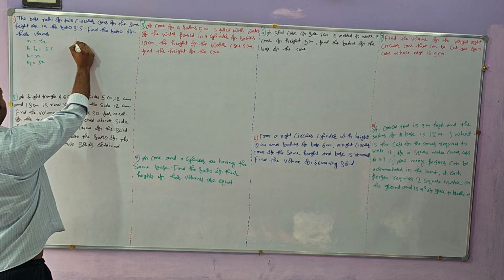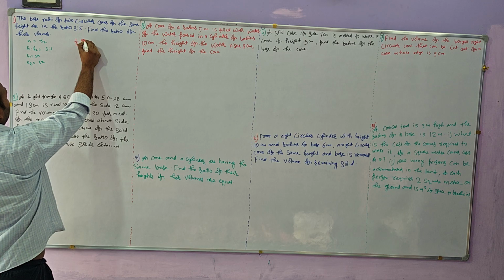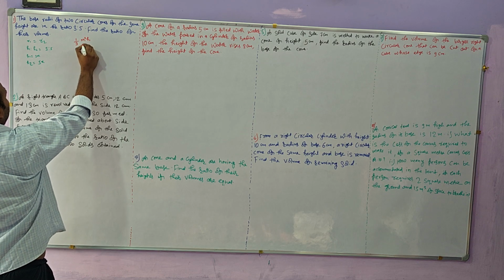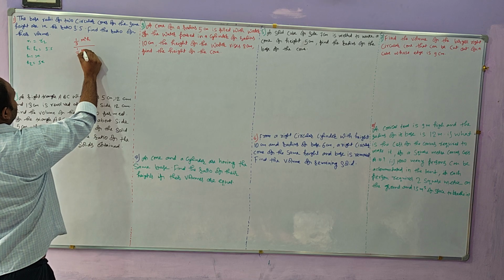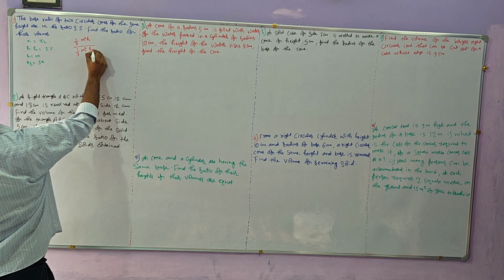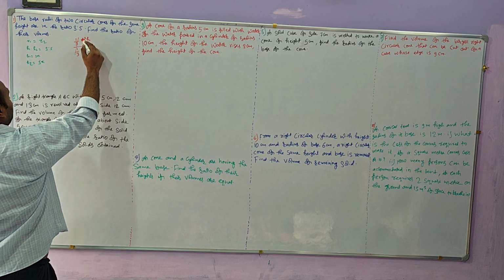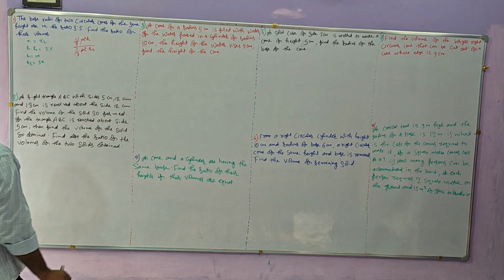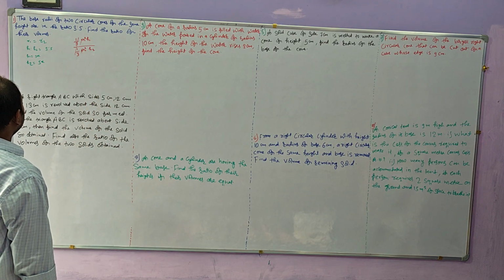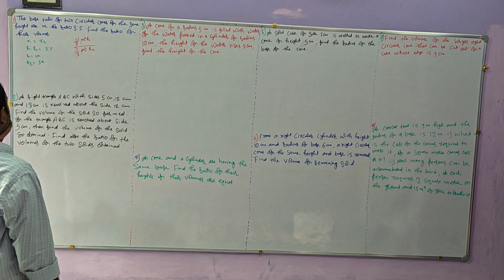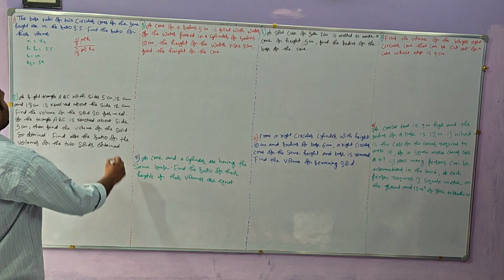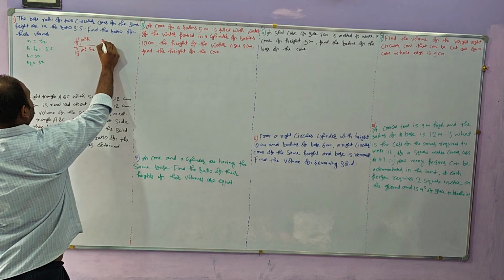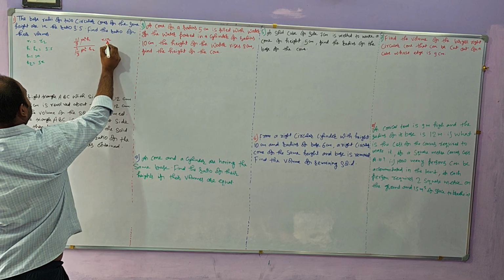Volume is 1/3 pi R1 square into H1, same as 1/3 pi R2 square and H2. 1/3 pi is going to cancel, and R1 and R2 are also going to cancel because R1 is equal to R2.